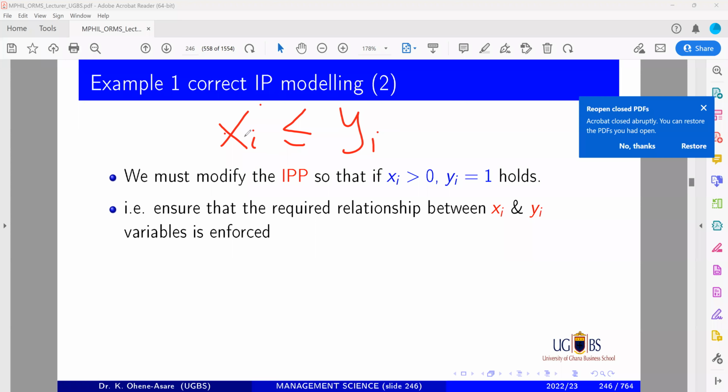and Xi, because if you look at this less than or equal to, if Y is 1 and X is less than Y, and of course we are ensuring non-negativity, then it means that X is what value? If Y is 1 here, X is what value? You can tell me.